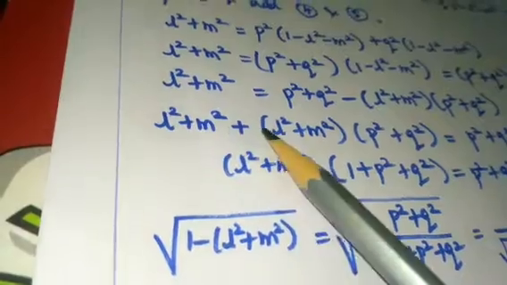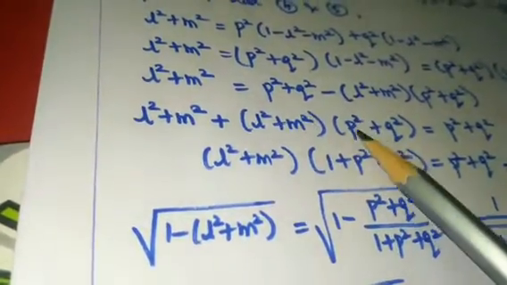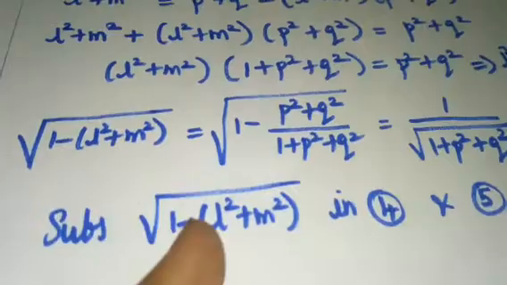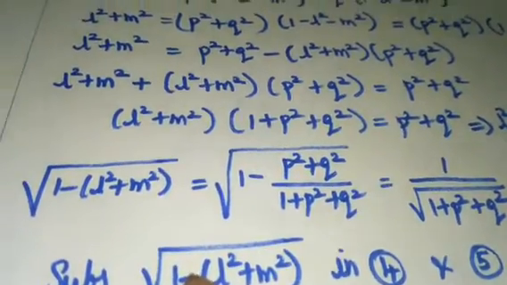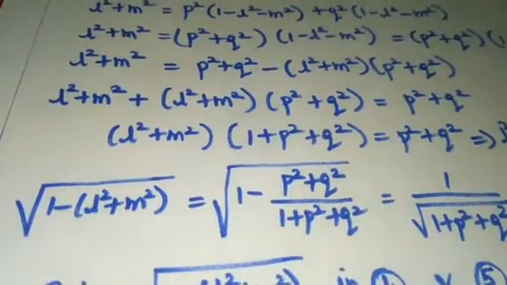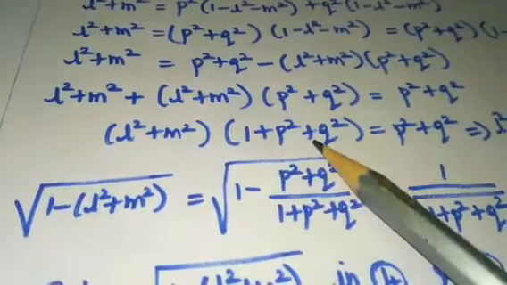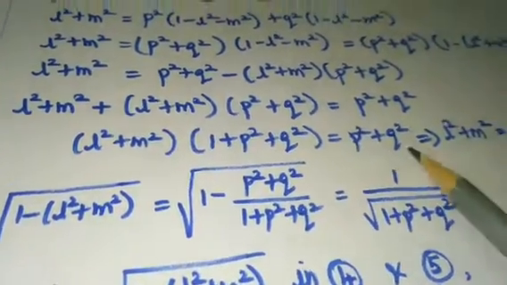Therefore l² + m² plus (l² + m²) into (p² + q²) is equal to p² + q². Now take the l² + m² term as common. Therefore (l² + m²) into (1 + p² + q²) equal to p² + q².